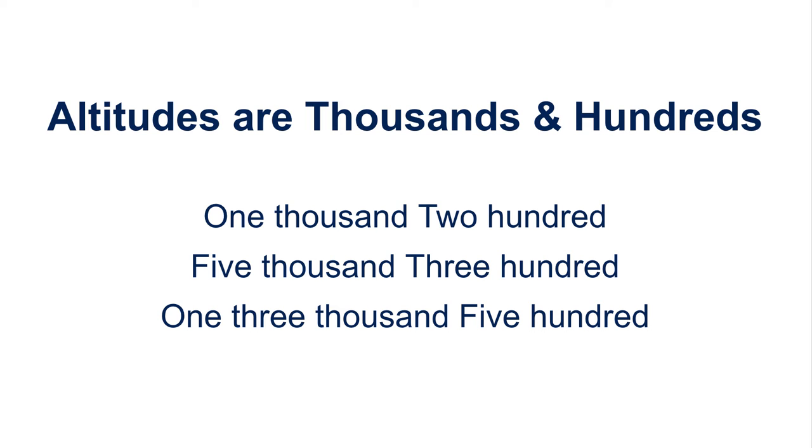Another example, if you're flying at, say, 13,500, you'd refer to this altitude as 13,500, not 13, 13,000 followed by hundreds. And we do this because it's easier to understand over the radio than if you say 13, which, if you aren't very clear or the radio connection's bad, might come across as 15 or 16. It's very hard to tell. So we say 13,000.